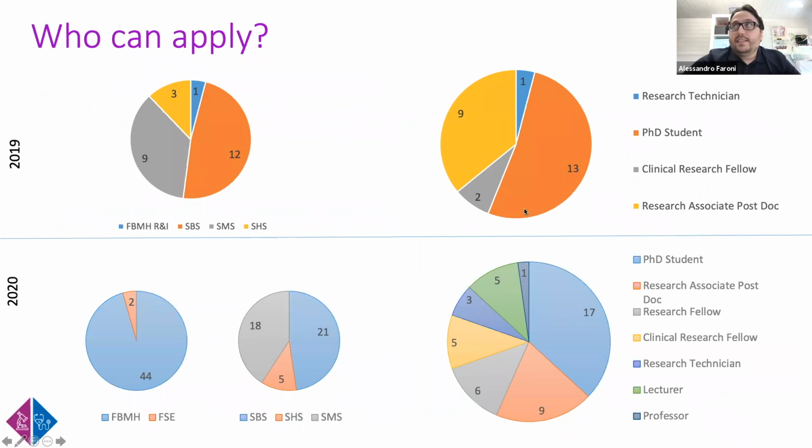So who can apply to this scheme? As I mentioned just a minute ago, anyone really that has a role in translational research. We want to fund anyone from PhD student to professor, research technician. And the main point is that the knowledge that they will acquire through these units is beneficial to them as a researcher and to the translational research that they perform.